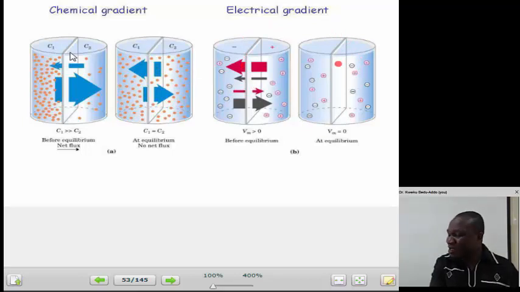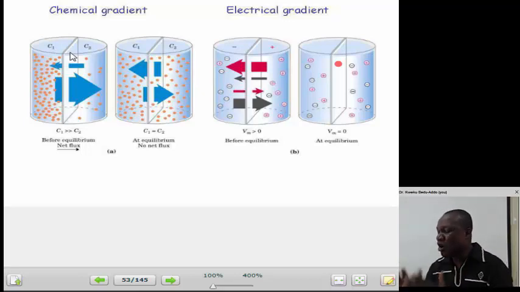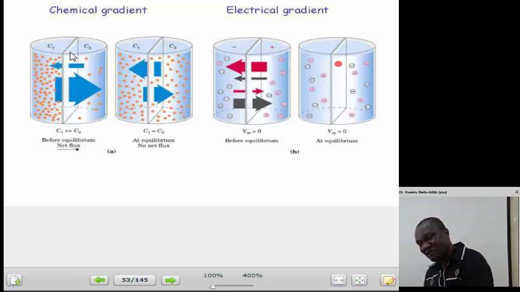Now, ions will utilize both concentration gradient and electrical gradient during movement. So ionic movement is dependent on the electrochemical gradient.